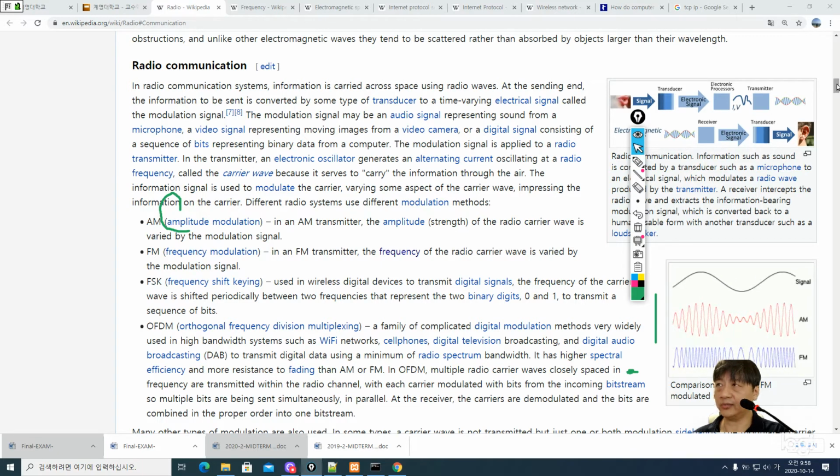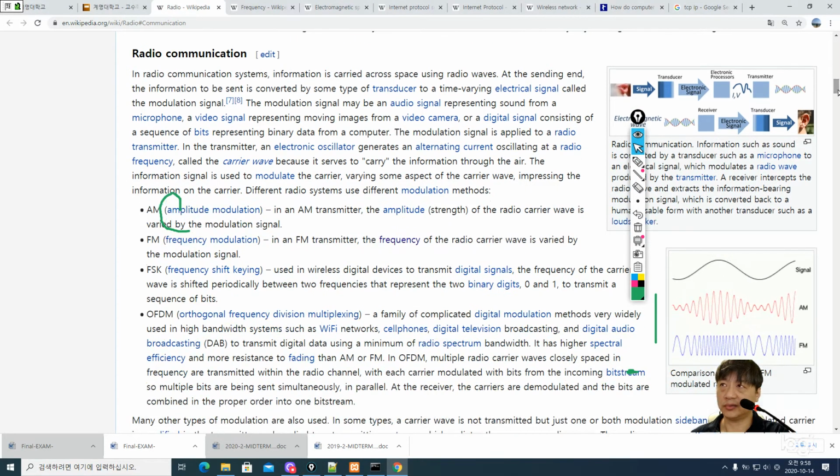Okay, so everybody, if you ride in a car, your taxi drivers will use AM or FM radios. Then you know what kind of waves the radio uses.